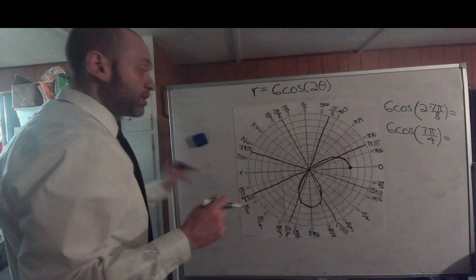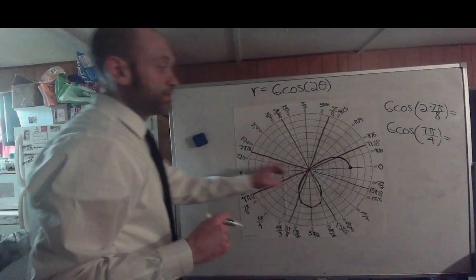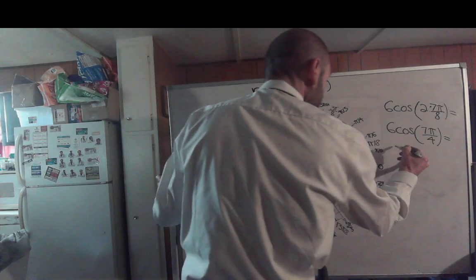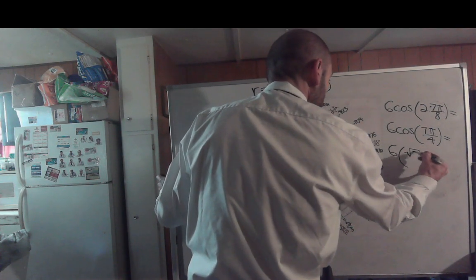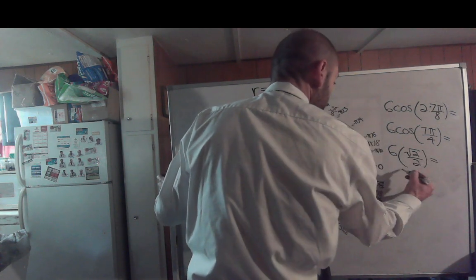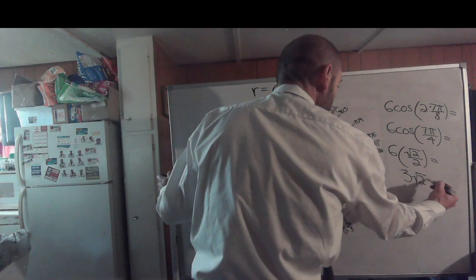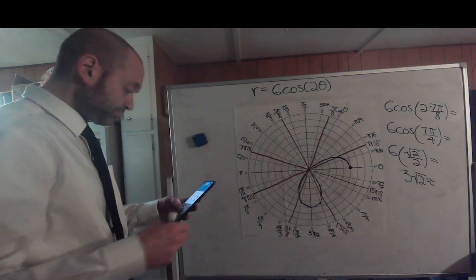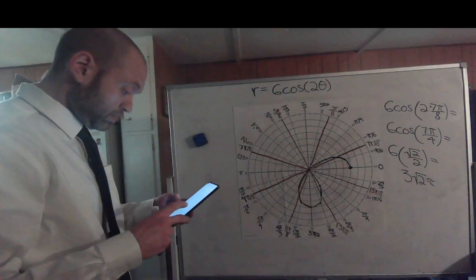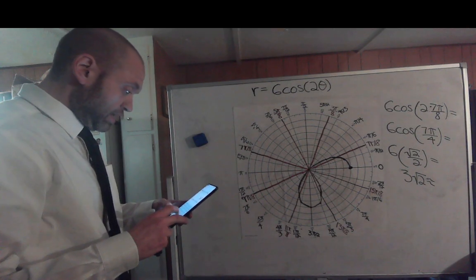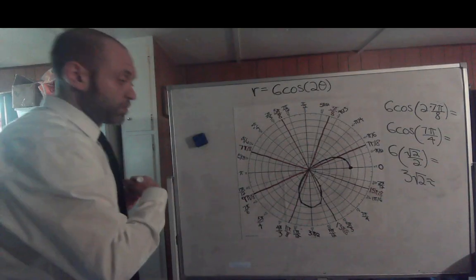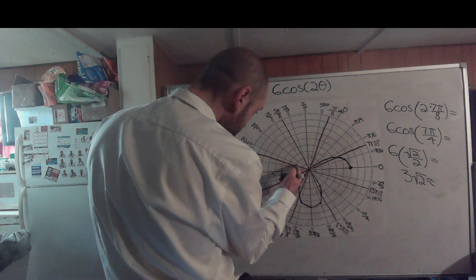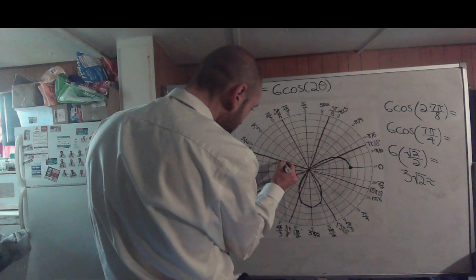So though we are in the second quadrant, this is acting like a fourth quadrant angle. Cosine of 7 pi over 4 is positive. That would be 6 times the square root of 2 over 2, which would be positive 3 times the square root of 2. Let's see what we get for a decimal. That's about 4.24. So 7 pi over 8, so 1, 2, 3, 4, a little bit up here, right?